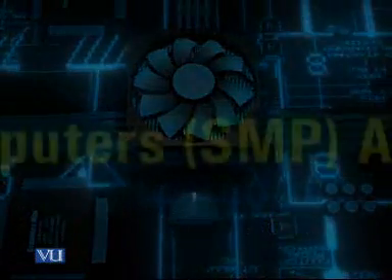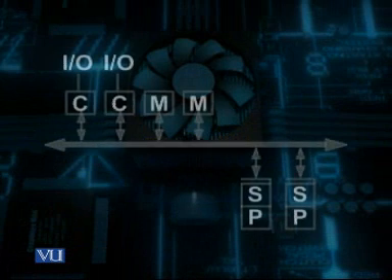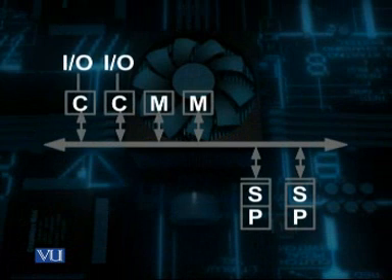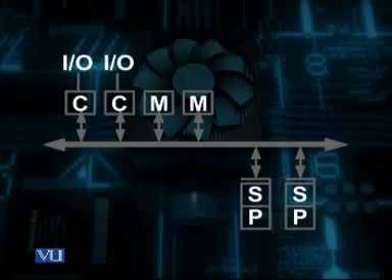So, this architecture is referred to as symmetric multiprocessor architecture or SMP architecture. However, the bus here is the bandwidth bottleneck because in this particular case, sharing is limited by bandwidth when we add processors and IO.